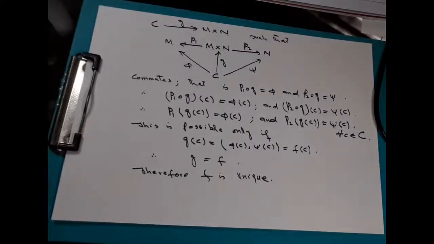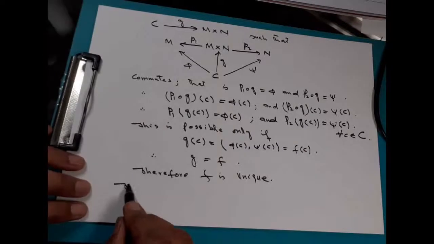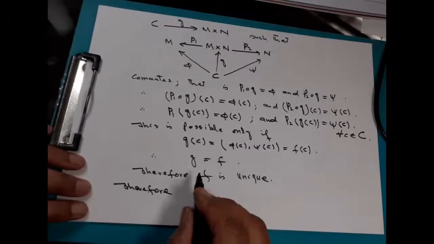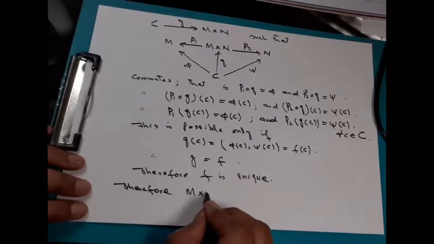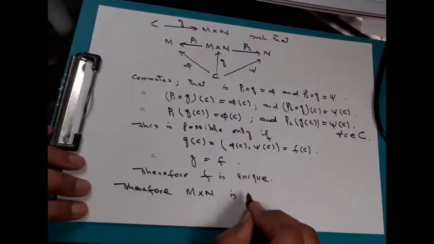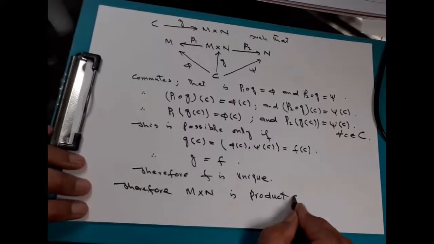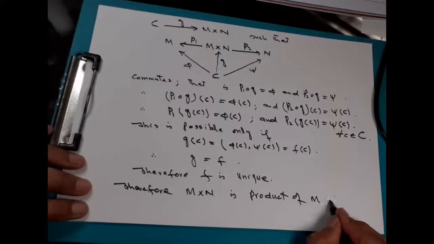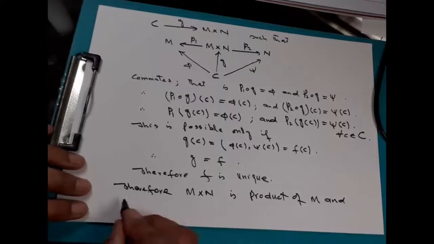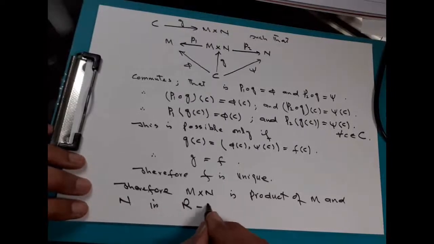We have established every aspect, so therefore M cross N is the product of modules M and N in the category of left R-modules.